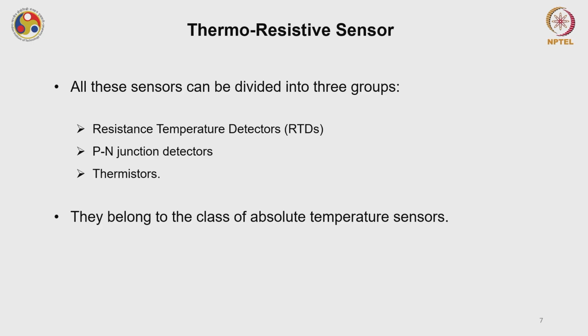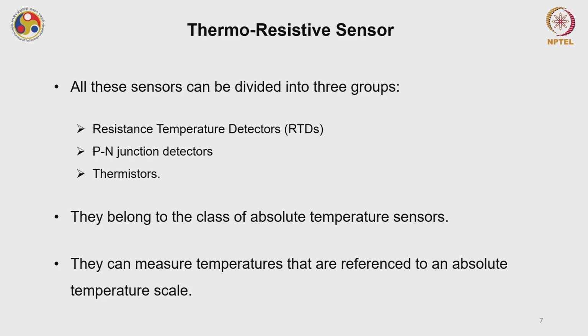The resistance of all these things changes with respect to temperature, and if we can detect it, we can say that the device is acting as a thermoresistive sensor. Please note that thermoresistive sensors are categorized as absolute temperature sensors, because they can measure temperature referenced to an absolute temperature scale. We discussed absolute sensors and relative sensors in our first module.